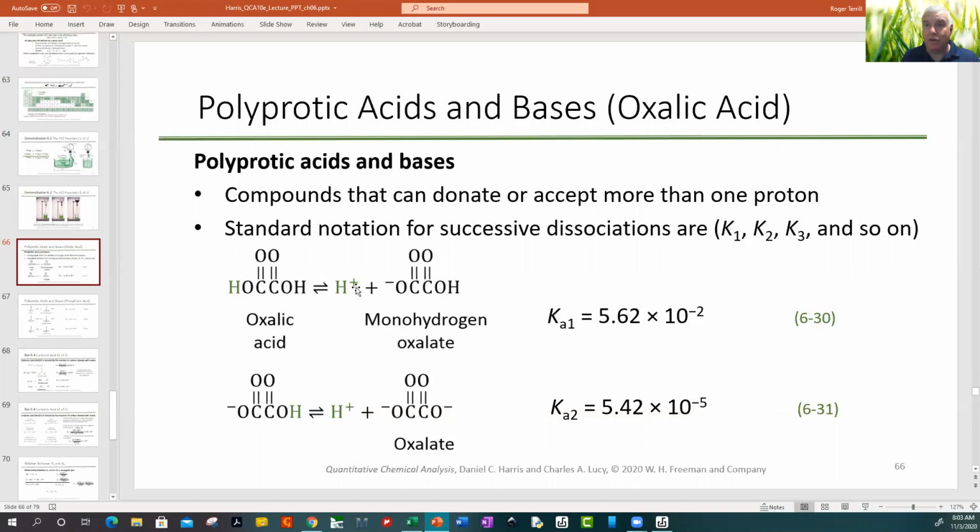If you oxidize this, you can make CO2, but that's a different story. Sorry to evangelize about that here. Its Ka1 is 10 to the minus 2, so that means it's a fairly strong acid.